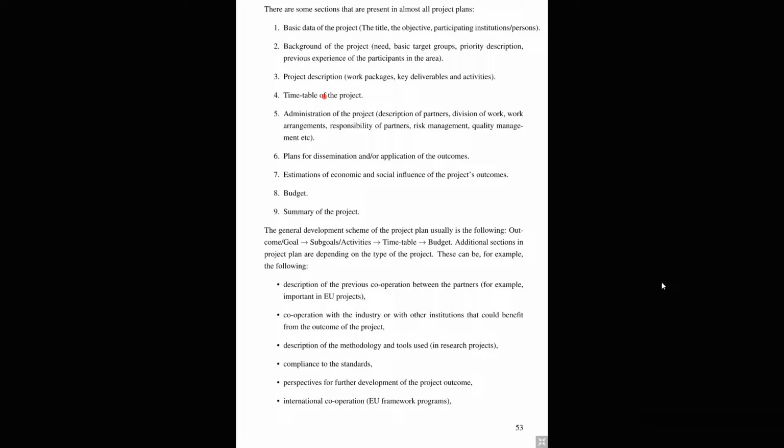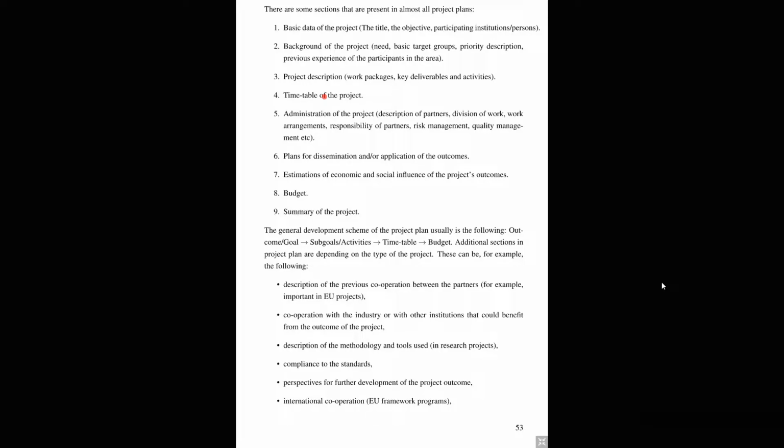For example, in EU projects or European Union projects, you can have the description of the previous cooperation between the partners. That is, for example, between Kenya and the ADB Bank, when we were doing the Thika Superhighway.